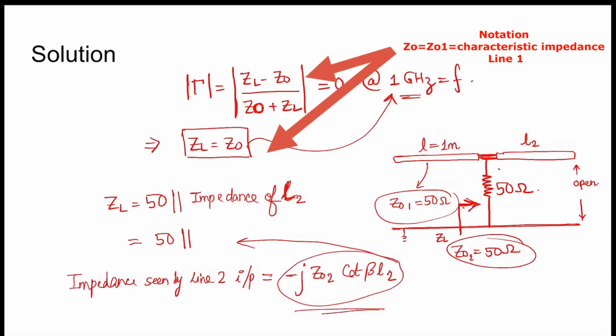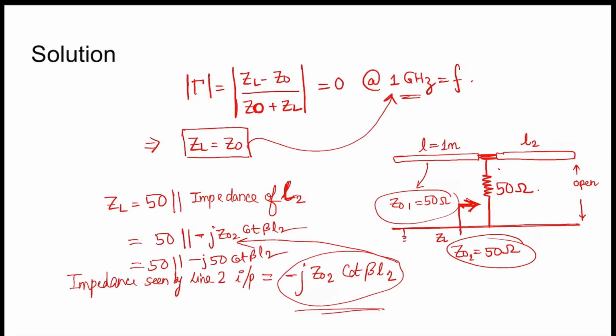So 50 is in parallel with the input impedance seen from here for line 2, minus jZ02 cot beta L2, equal to 50 parallel minus j50 cot beta L2.